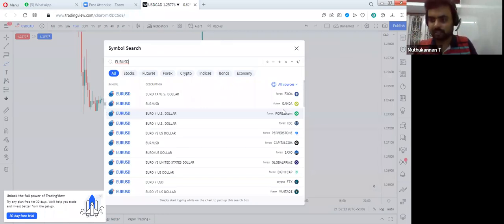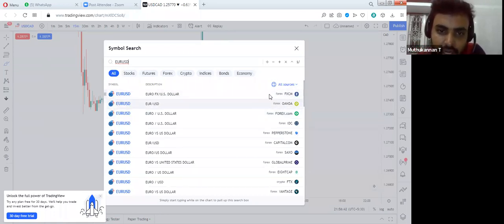There's a term called liquidity providers. They will have brokers like OpFX and XM Trading. They are actually handling the money and also giving the brokerage service. That's why I consider these three as the major ones, and I will be seeing only these three charts.